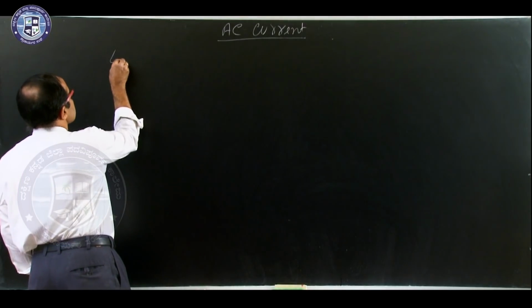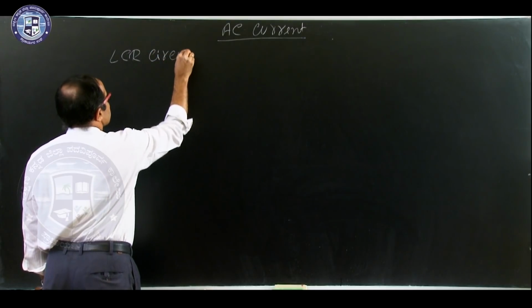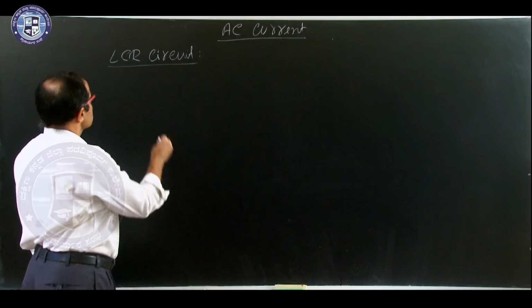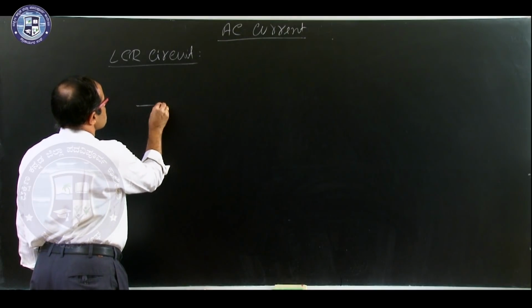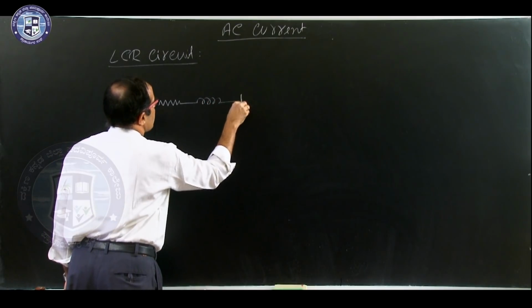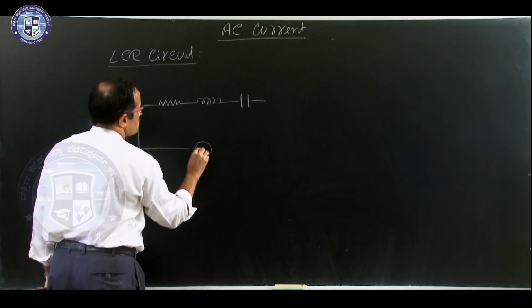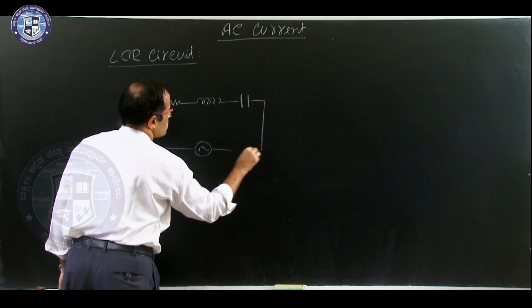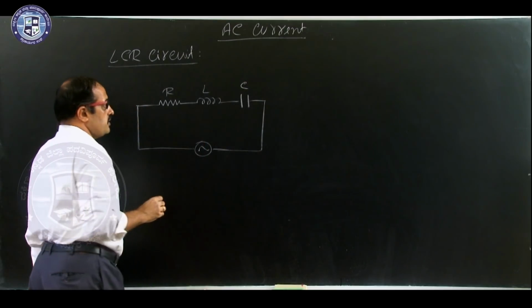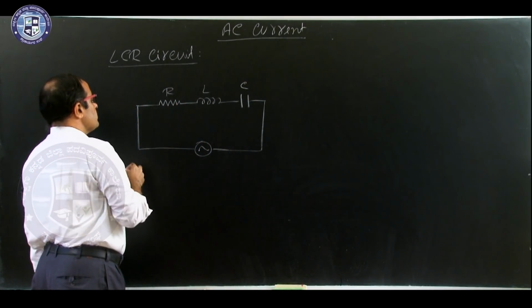So, series LCR circuit. It is resistance, inductance and capacitor. R, L and C. Now, through all of them current must be the same.